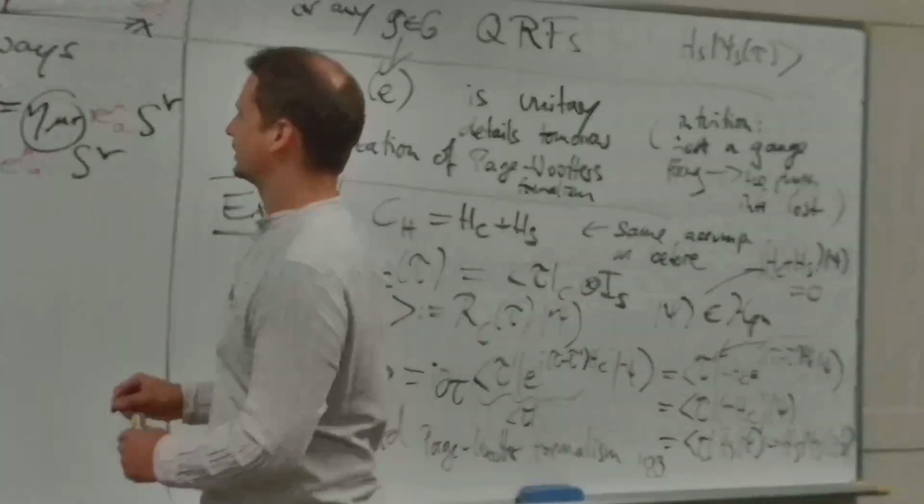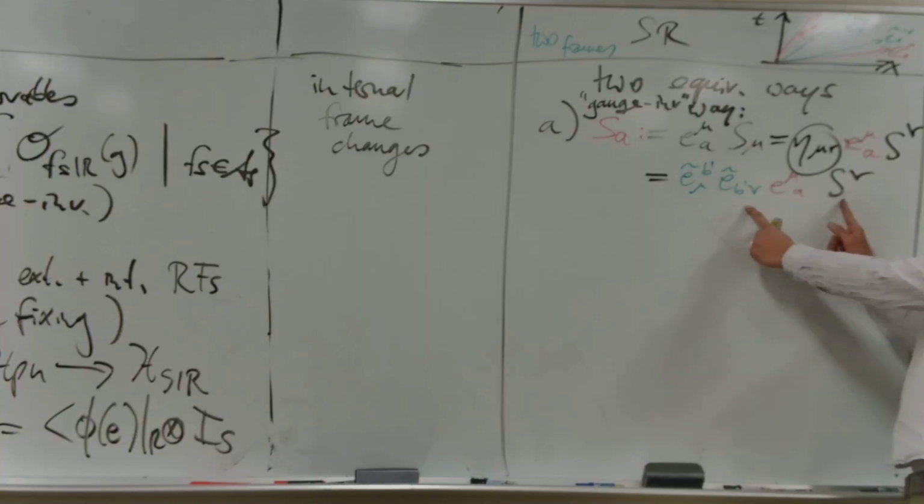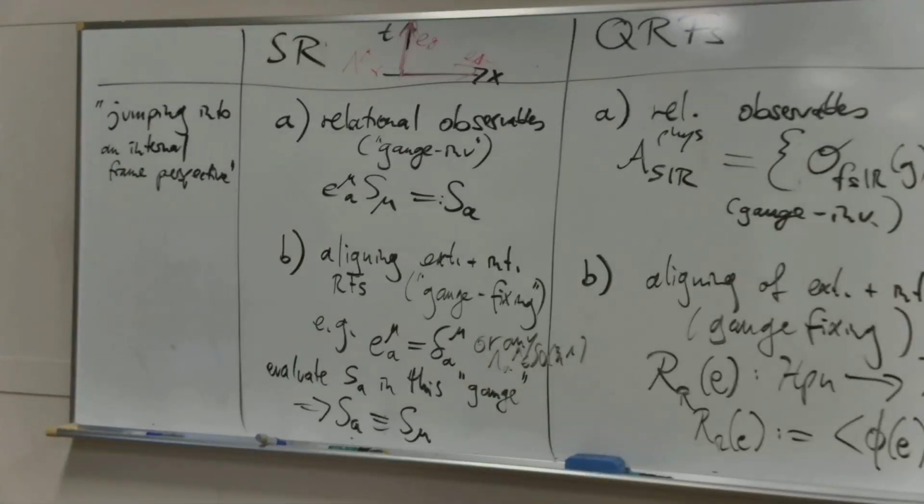So now clearly, if you look at this here, I have this contraction here. So this is going to be the relational observable describing the system in four-velocity relative to the second frame. And then I have this here contracting with a spacetime index. And I'm going to write this as, well, what am I going to write it as? Lambda B prime A. And this makes sense, what I'm doing now.